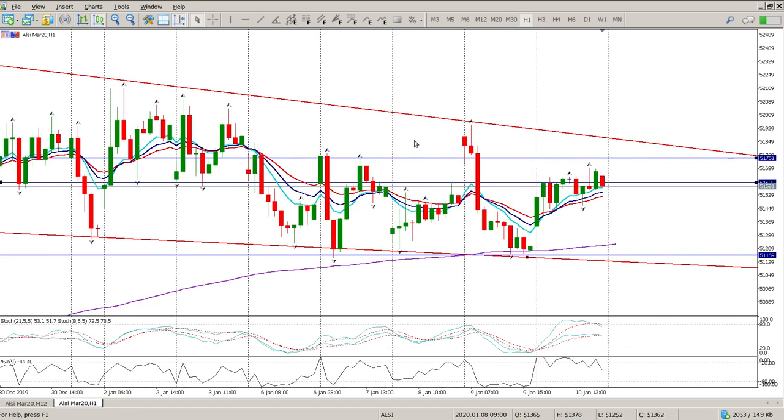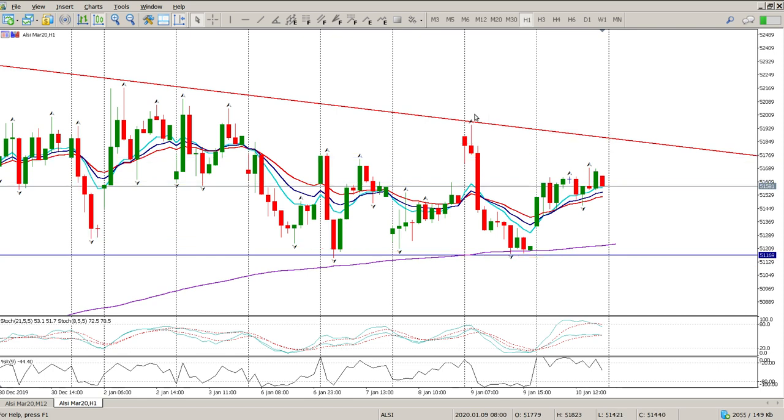So I think the ultimate goal for me is we need to break above that high there, give us a new high. That would sort of start letting me believe that we have a change to the upside, or the potential break of a flag to the upside.